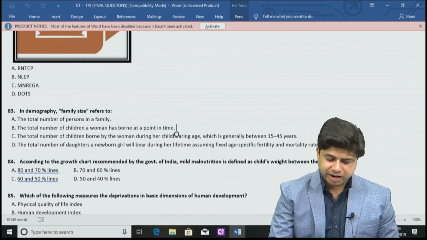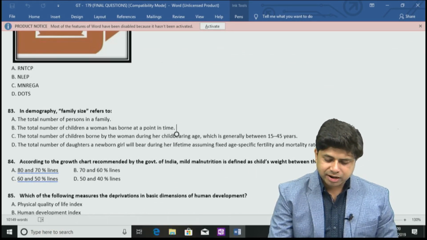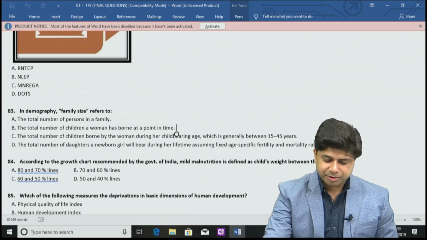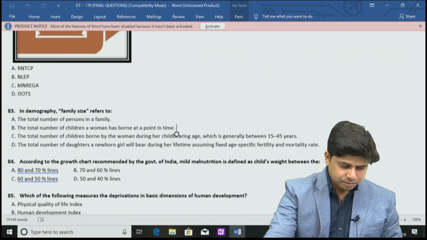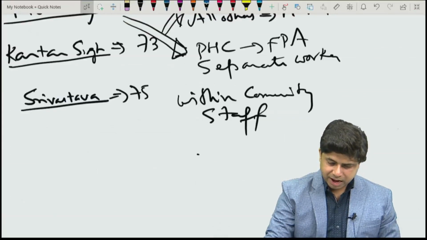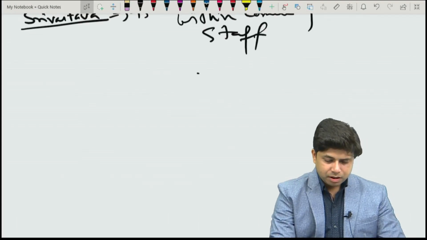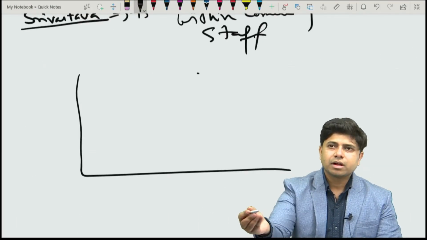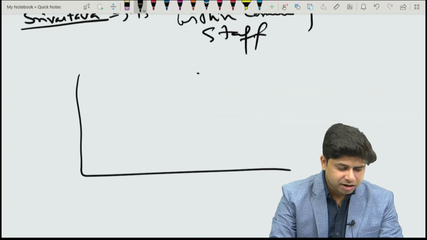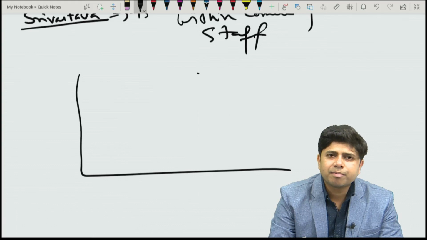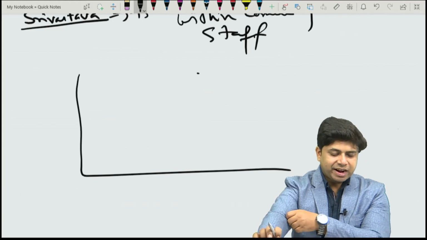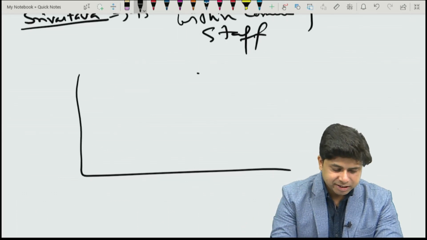Let's go to question number 84. According to the growth chart recommended by Government of India, mild malnutrition is defined as child's weight between the, okay. So in the growth chart recommended by WHO, the first degree or grade 1 or mild malnutrition is defined as the child's weight between the 80% and 70% lines.